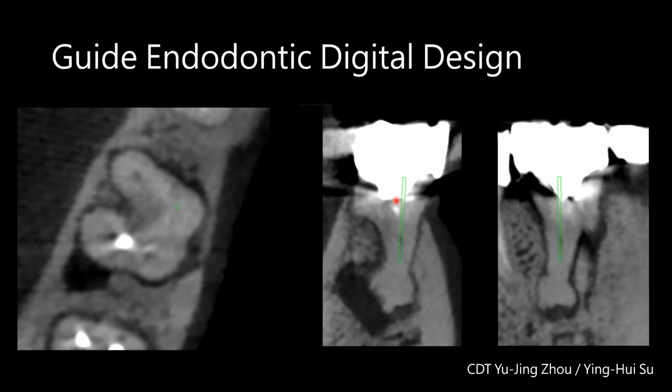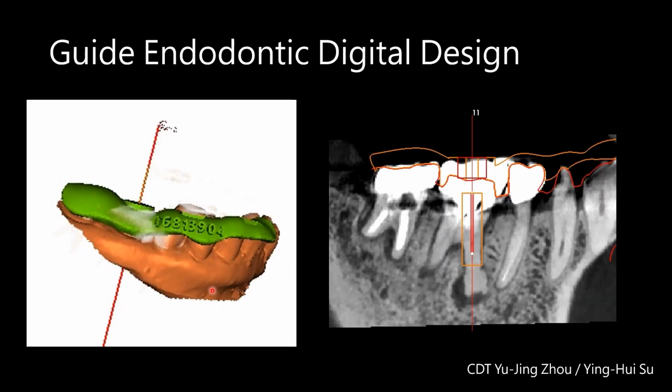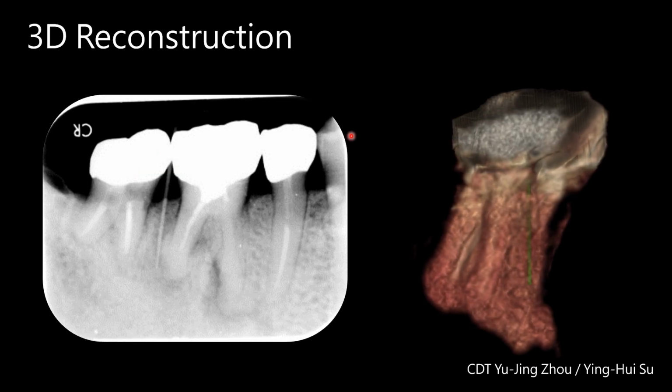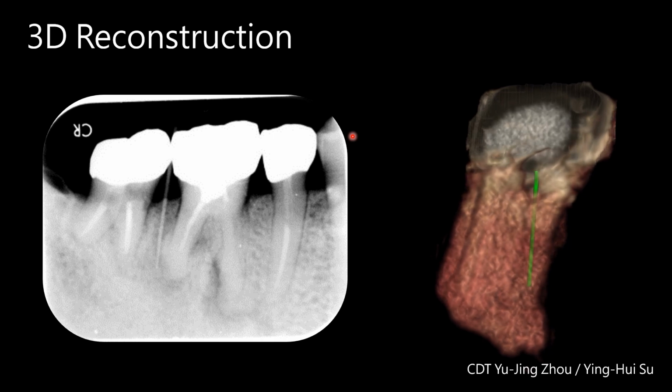So let's see it starting. This one is the mesiolingual canal, and the other side. We do this in implant software. This is the 3D render of the 3D printed guide and the oral scan surface, and this is the view when we designed it.